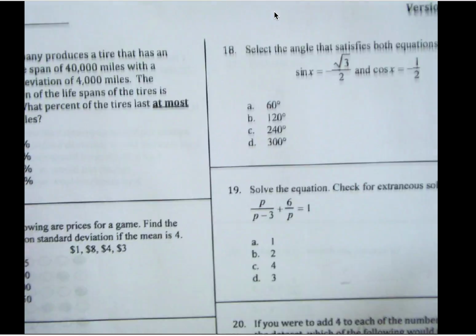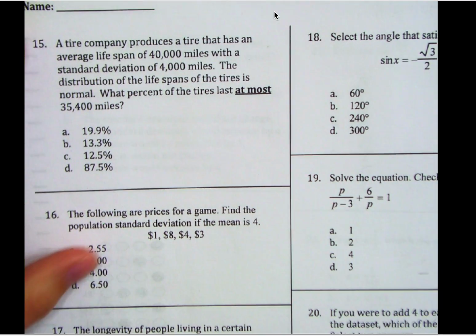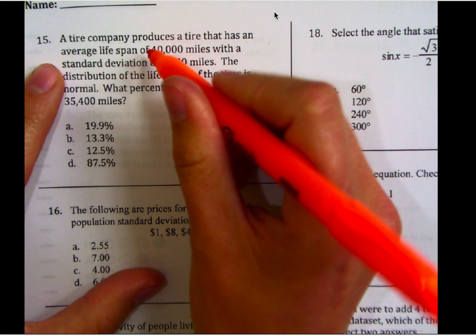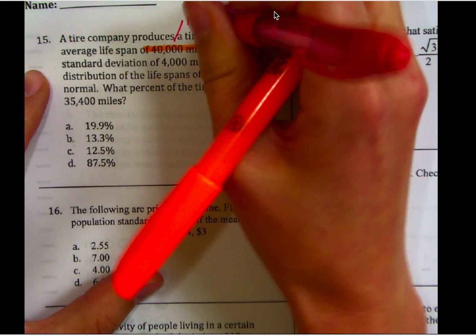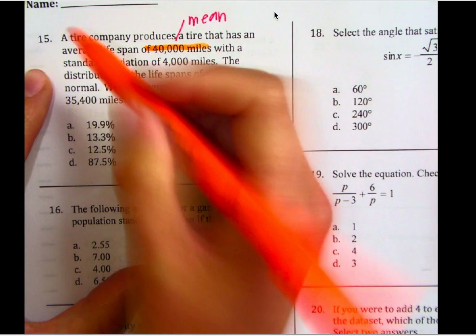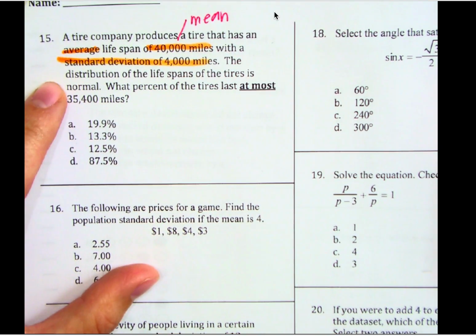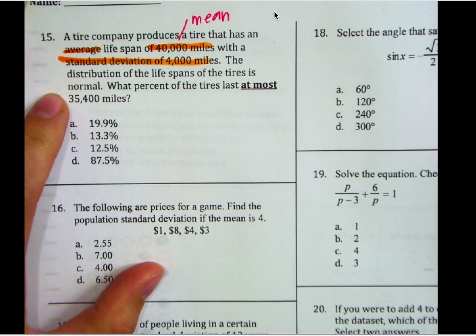Moving on to number 15. We have the same type of problem again. A tire company produces a tire that has the average lifespan. So remember that average is another word for mean, with a standard deviation of 4,000 and the distribution of lifespan is normal.